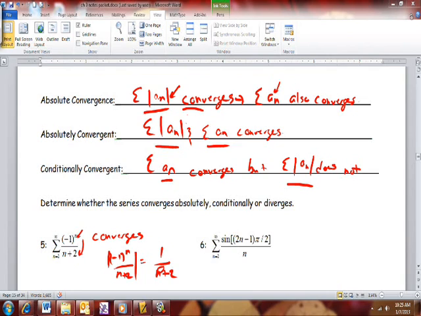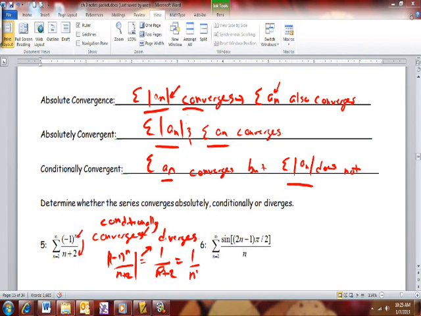No, because I'm going to compare that to the p series of 1 over n to the first, which diverges. And I should technically be taking a limit comparison test to be 100% good, but the absolute value diverges. So it converges, but the absolute value diverges, so it is conditionally convergent.